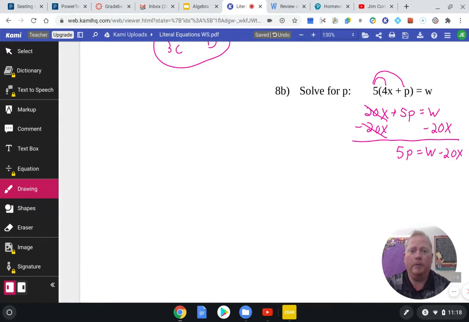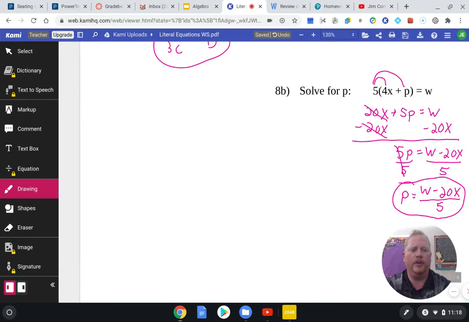Last thing to do to get p all by itself is divide by 5. So those 5's cancel out. And my final answer here is not pretty at all. But p equals w minus 20x over 5.